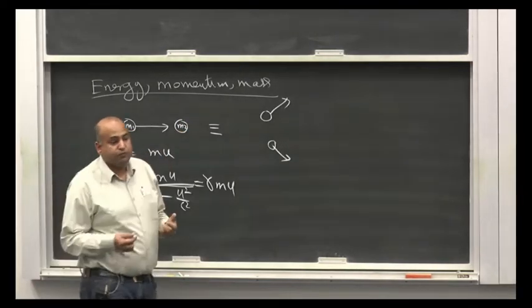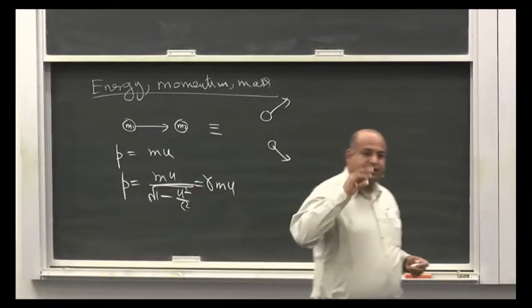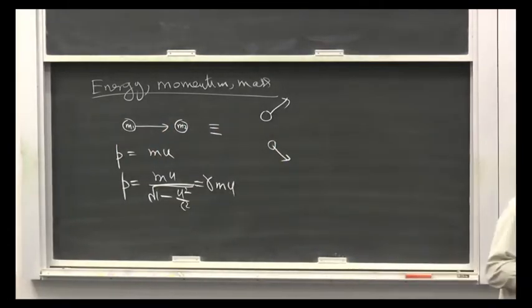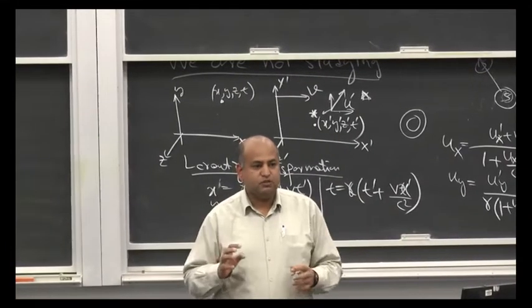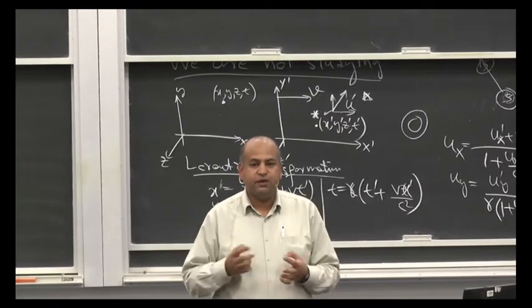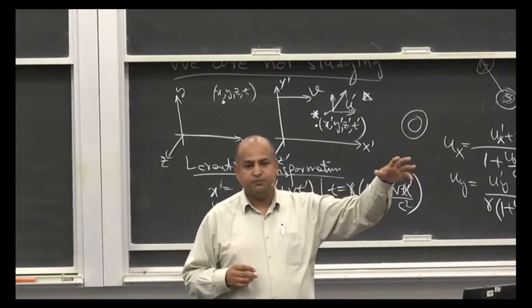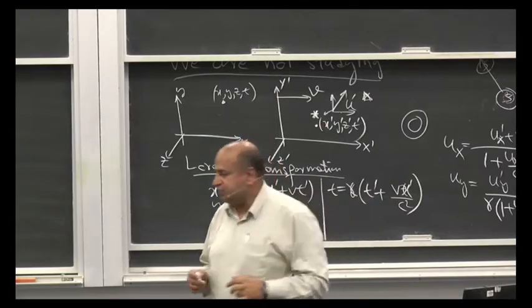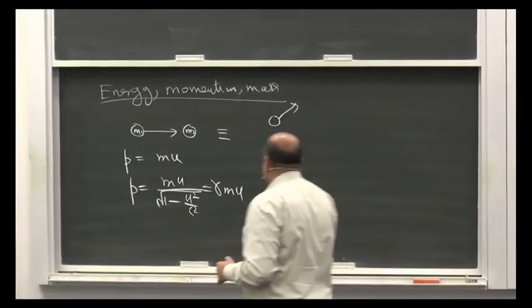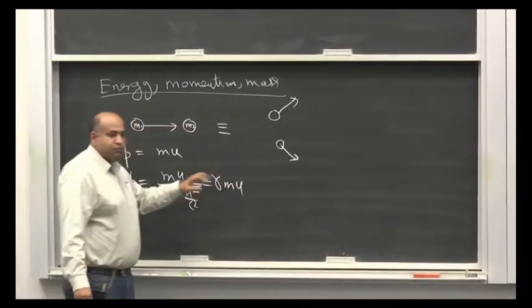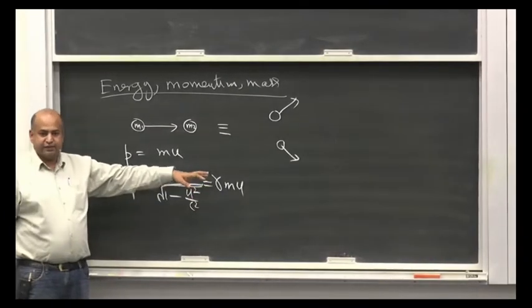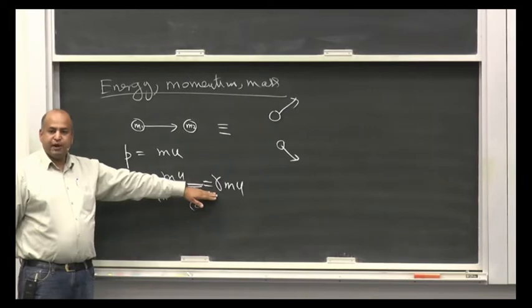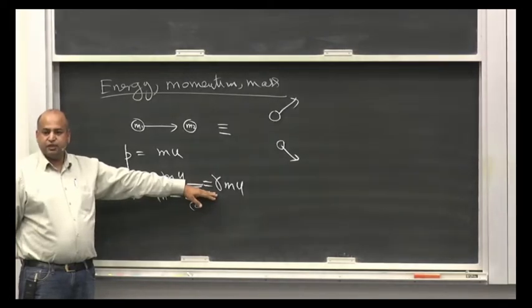And since we know relativity, either Galilean or Einstein relativity, requires one very important thing, that laws of physics should have the same form in all frames. So if the momentum is conserved in one frame, it should be conserved in another frame. If you define momentum in such a way, then it is conserved everywhere. So this definition was proposed by Einstein, that we should define momentum like this so that it's conserved in all frames.